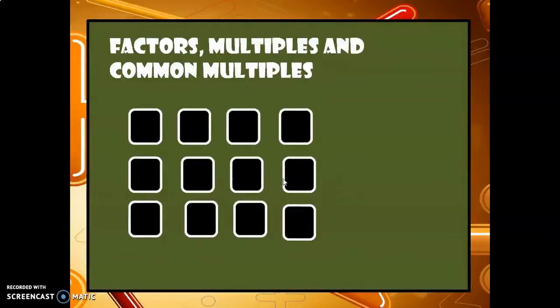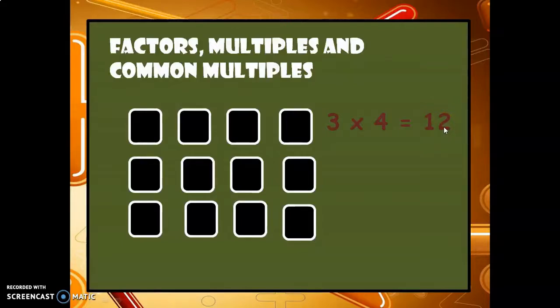Okay, so I have here an example of an array. This array is actually three rows of four of these black squares. I will just assume that our object here is a black square, right? Now from this array, you could make an expression as 3 times 4. Since this array is three rows of 4, which is 12, the number of objects in this array is 12.